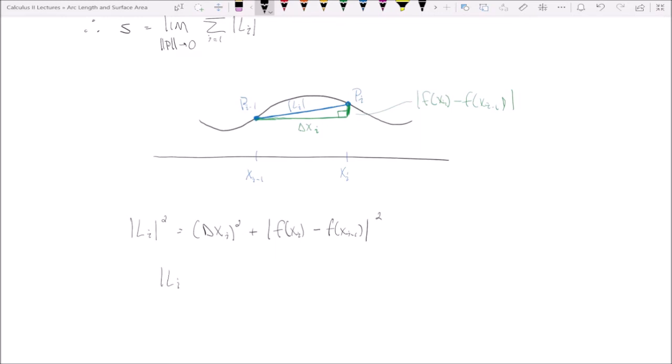That obviously means that this length we're interested in is the square root of delta x sub I squared plus this absolute value squared.